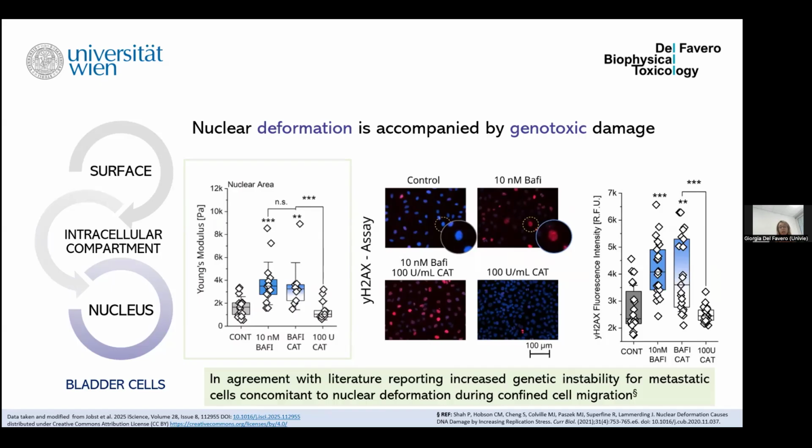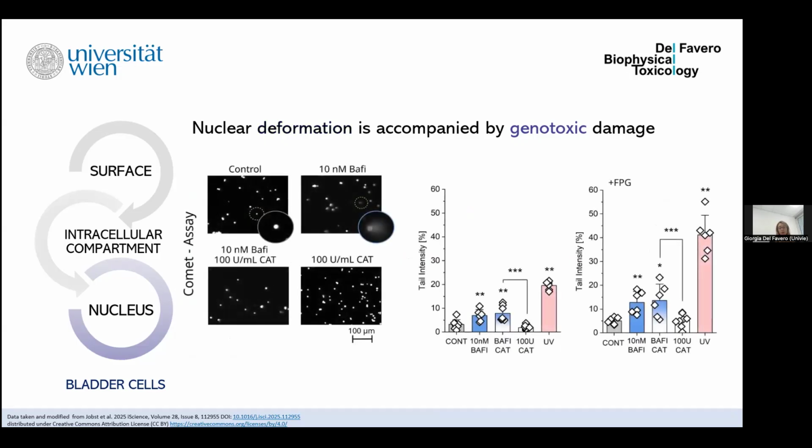And this would be in agreement with literature, where it was recently reported that cells that undergo a very tight constrained migration, like for instance for metastasis during intravasation or extravasation, experience a nuclear deformation that is necessary and that enables this process, but makes the cell prone to genetic instability. We also performed some further experiments to measure the genotoxic damage.